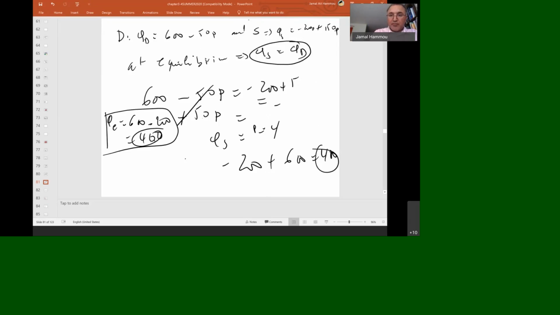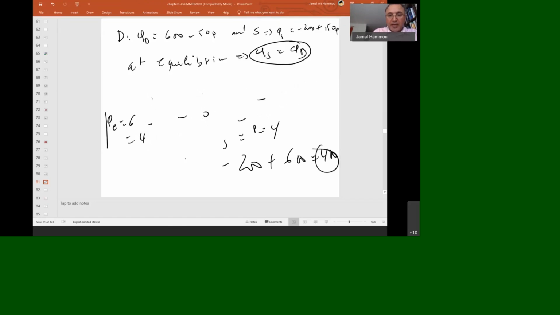I can build my graph. If I have these equations, I can come up with a graph that shows my equilibrium. It's at 4, that's the price equilibrium, and the quantity equilibrium is 400.